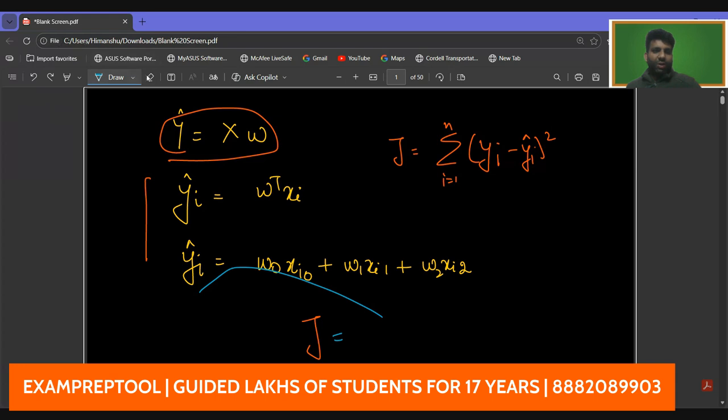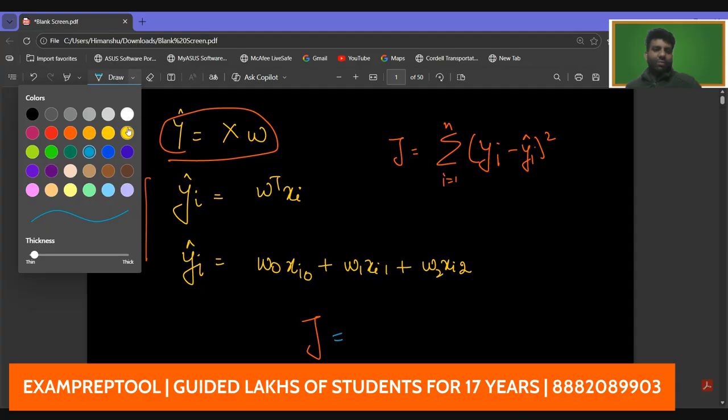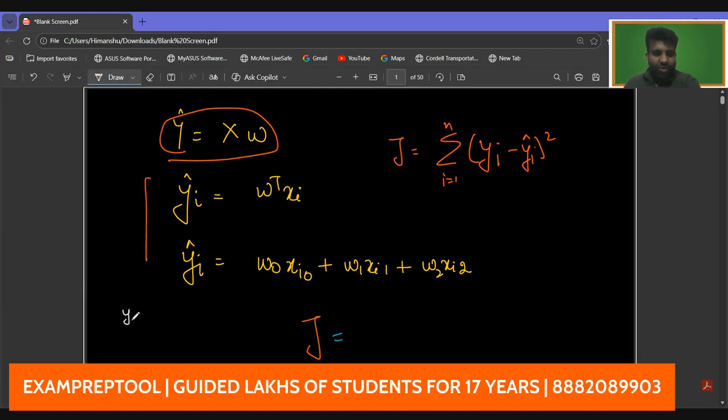Let me write that over here. So it's something like this. Let's say this is capital Y, and this is capital Y hat: 2.3, 3.4, 4, 9, and similarly you have a number of values.